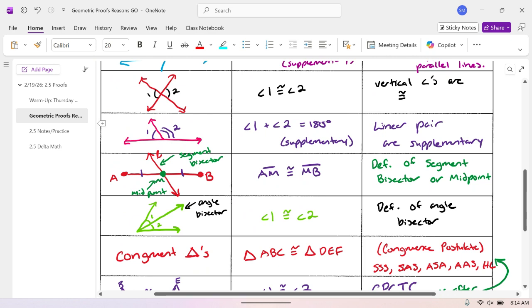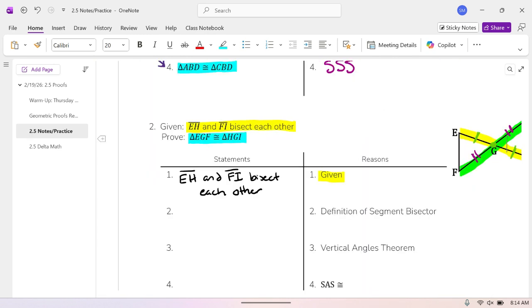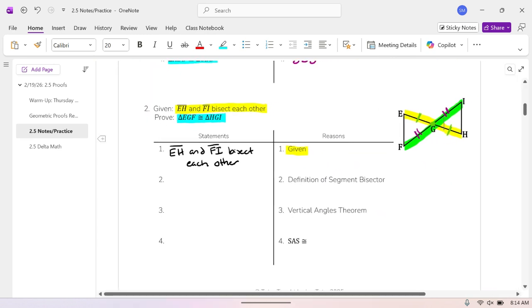What statement is typically made when you're saying definition of segment bisector? So in other words, one line segment is going to be congruent to another line segment. Well, if I look back at my proof, didn't I already mark some line segments congruent because of those segment bisectors?